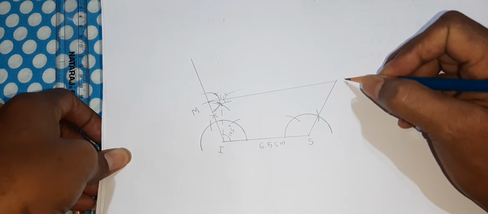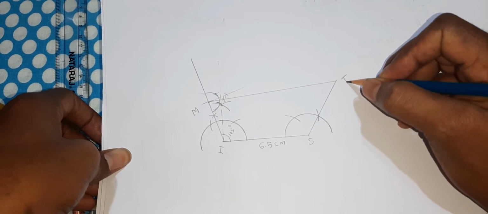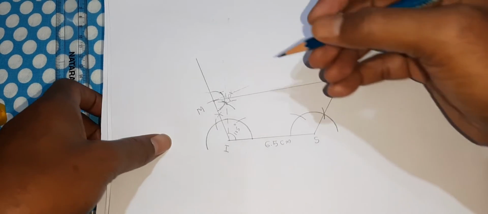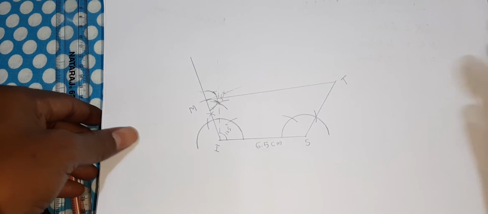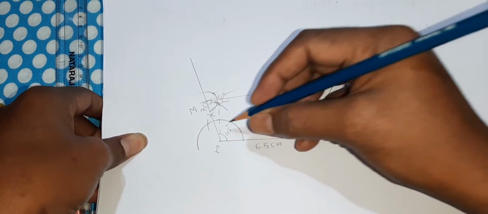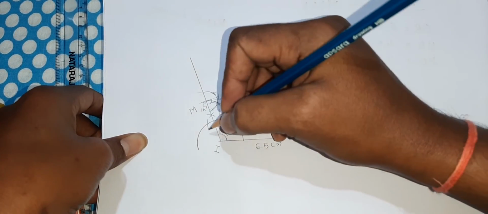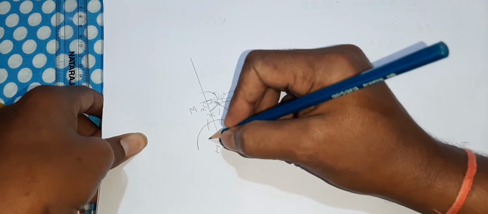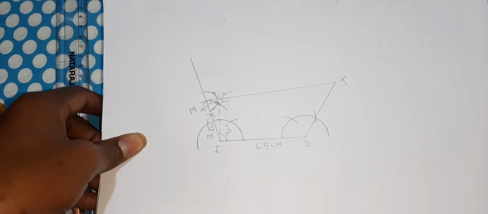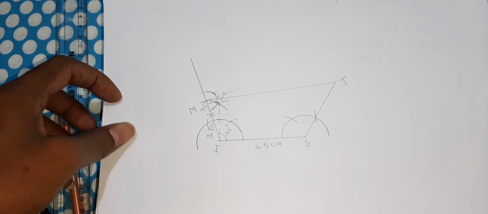Both the lines are intersecting at one point T. So this is the required quadrilateral. This is 75 degrees. This is 105. And MI is 3.5 centimeter. This is the required construction, children.